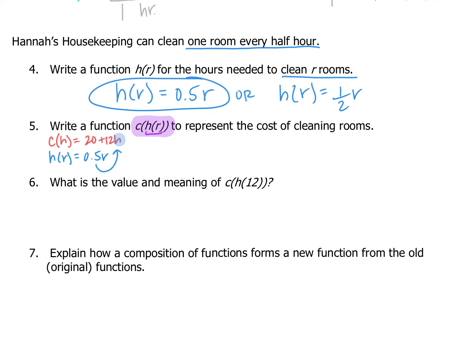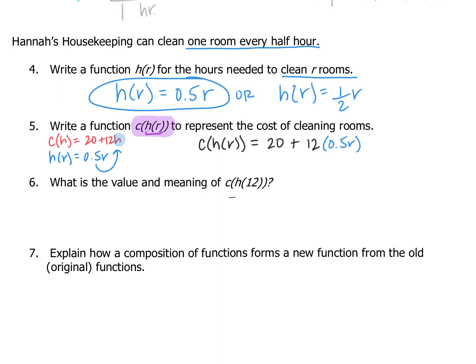So when I write this down, I'm hoping that I can have C of H of R in the end. So again, I'm writing down the 20 plus 12H, but instead of H, I'm inserting 0.5R. So looking at this, we can multiply those two numbers.